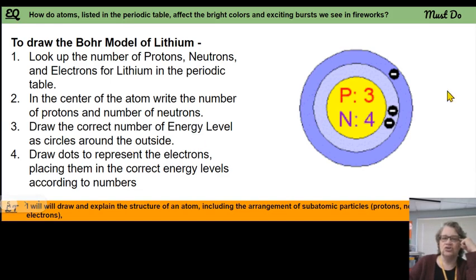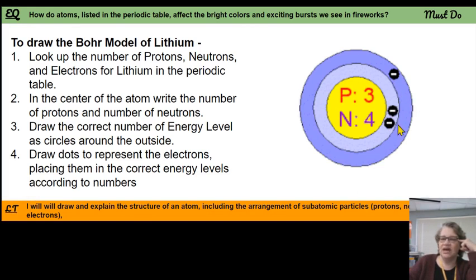How many circles should go around the outside, okay? Then you're going to draw dots to represent the electrons, right? So in our first shell, you can have 2. It doesn't matter where you draw them as long as there are only 2, right?